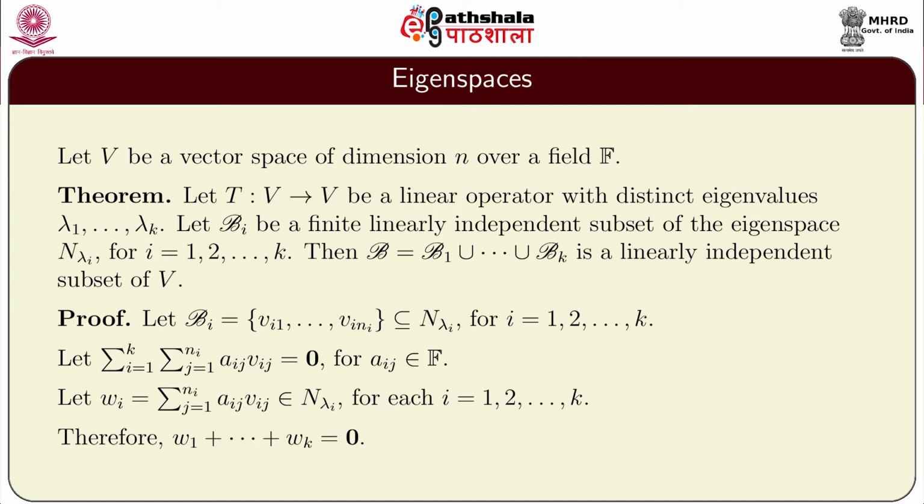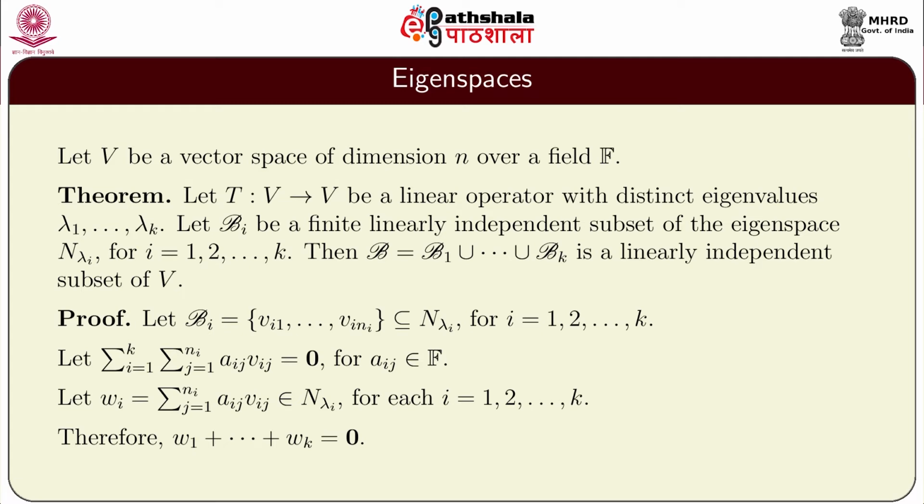Now, let us write this linear combination: summation over i, summation over j, Aij Vij is equal to 0, where Aij's are scalars in the field F. Let us write the linear combination summation over j of Aij Vij as Wi. So, we fix i here and let j vary over 1 to ni, and this we do for each i from 1 to k.